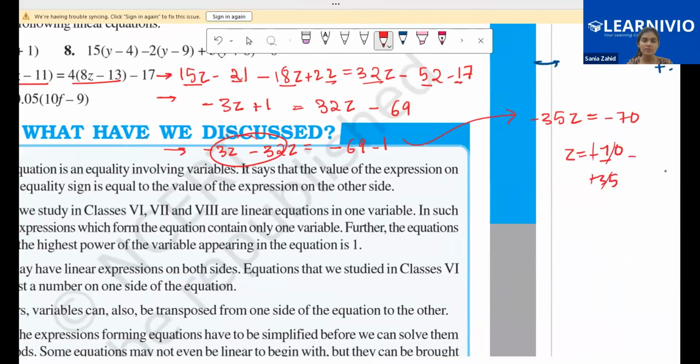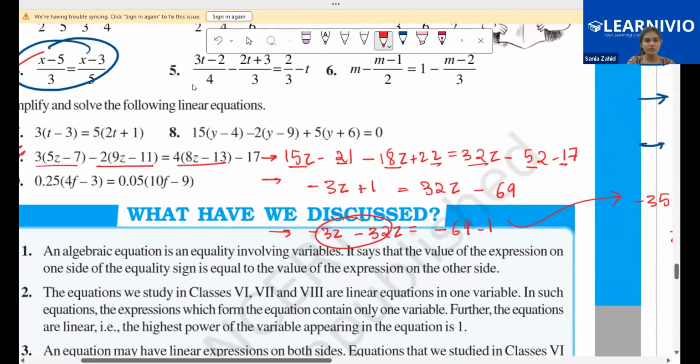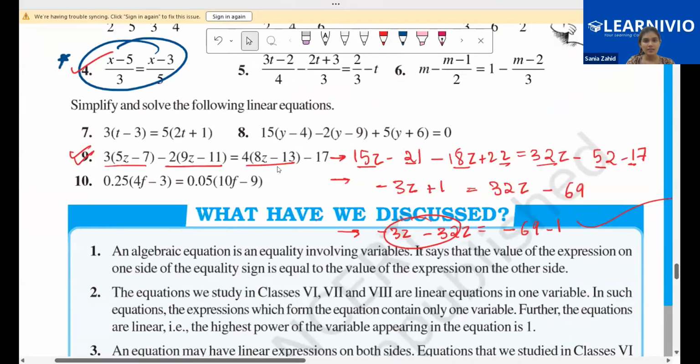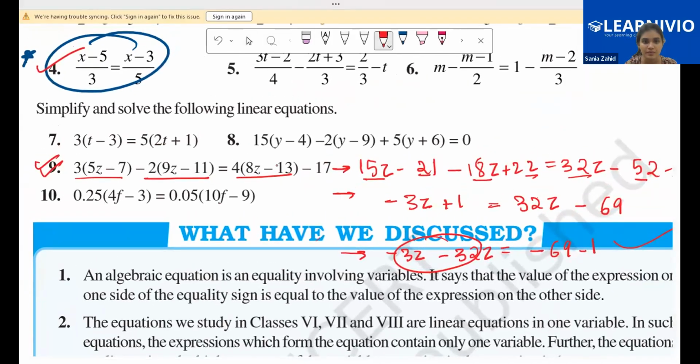To cancel this, you get plus 2 as your answer. Okay. Everybody got plus 2? Yes, ma'am. Okay. Next that I have is, you can do question number 8. Do question 8.